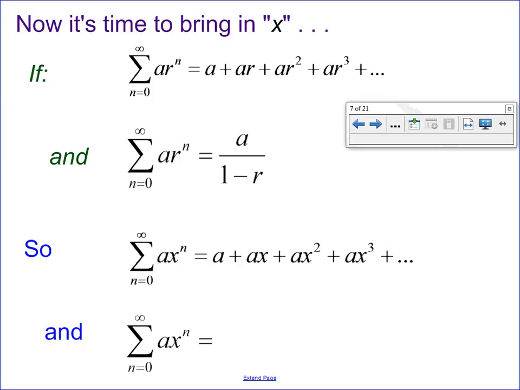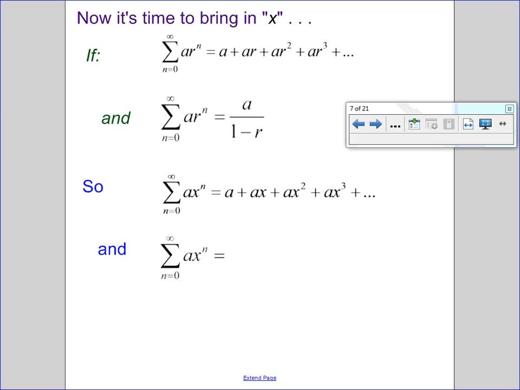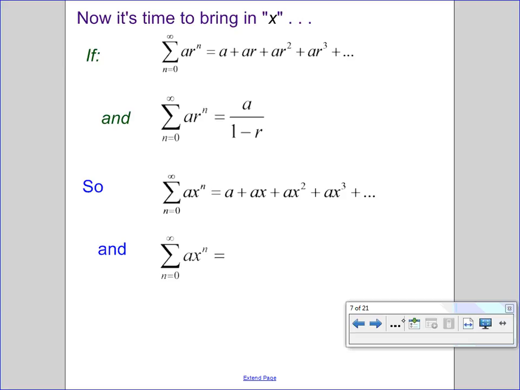If the absolute value of x, the magnitude of x, is less than 1, that is, if x is in between -1 and 1, then what must this converge to? Well, my geometric series converges to a over 1 minus r, so what must this converge to?